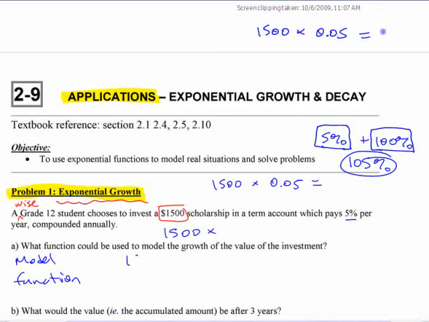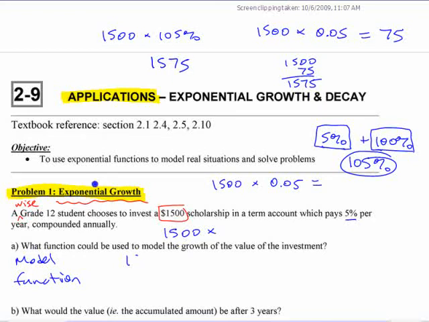You'd get an answer for that, and then you'd do 1,500 plus 75, and you'd say it's 1,575 or whatever. That's kind of the slow way. The quick way would be to just say 1,500, at the end I've got 5% and the original amount. You can just multiply it by 105% and get that amount right away.